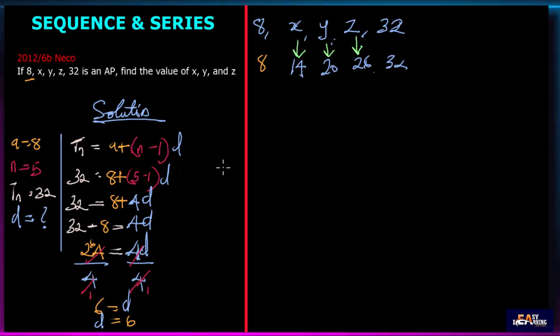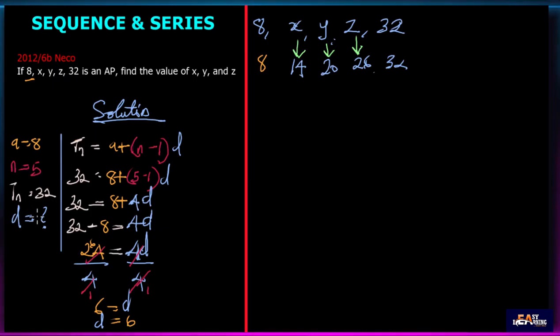So it's very simple. We are asked to find x, y, z in this sequence. We are given the first term, 8, the number of terms, 5, and the last term, 32.